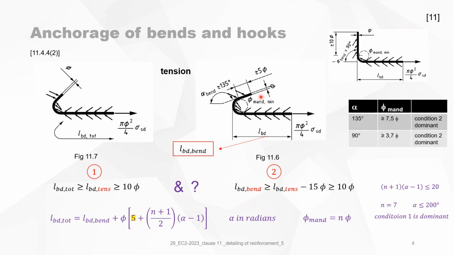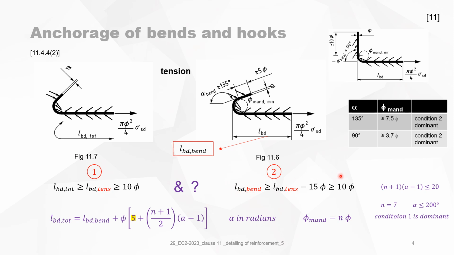Now, if you look at alpha 135 degrees, which is a standard hook, and alpha 90 degrees, which is a standard hook, condition 2 is dominant only if the mandrel diameter is bigger than 7.5 phi, or in the case of 90 degrees, bigger than 3.7 times the diameter. Now you know that the minimum mandrel diameter for a bar diameter smaller than 16 is 4 phi, and for a diameter bigger than 16, it's 7 phi. So you see clearly that condition 2 is never dominant if you use a minimum mandrel diameter.